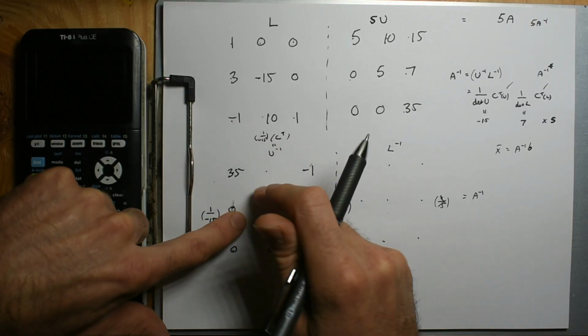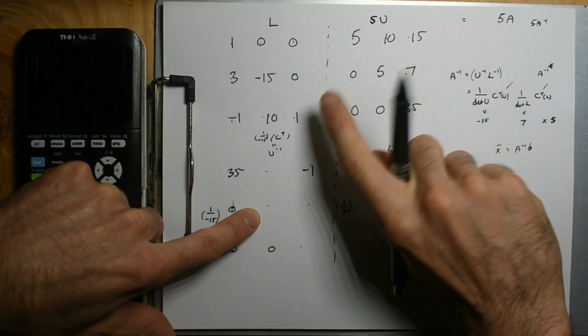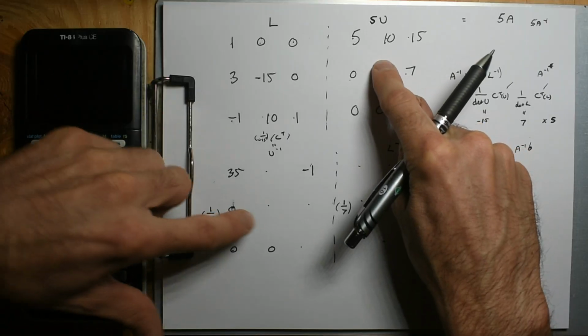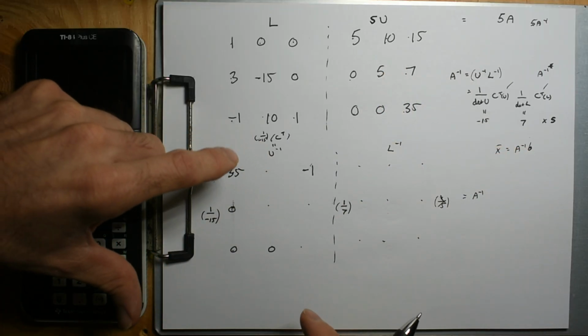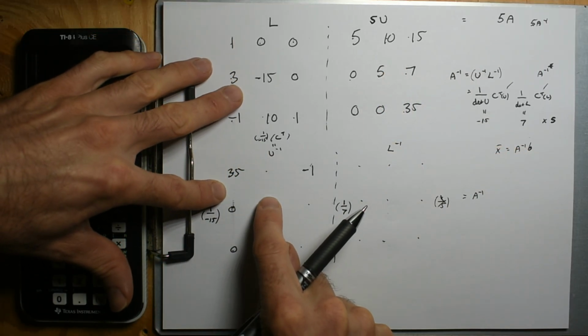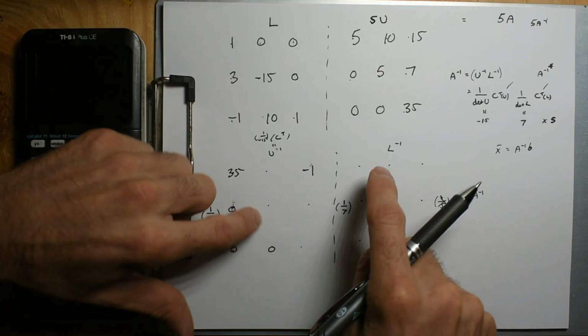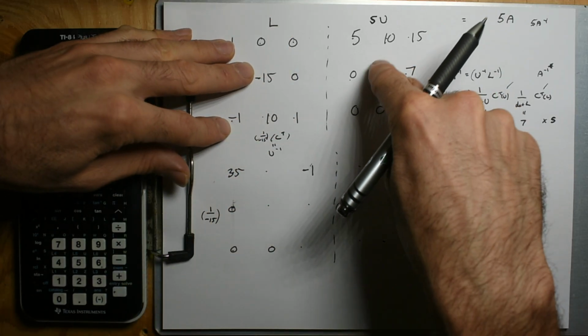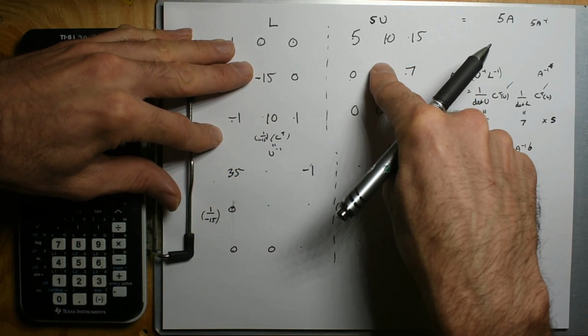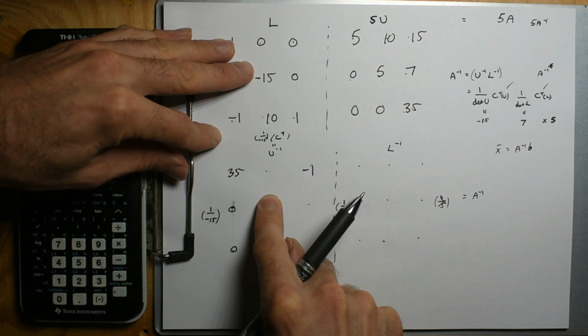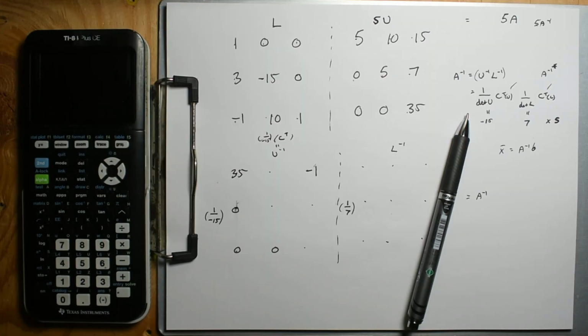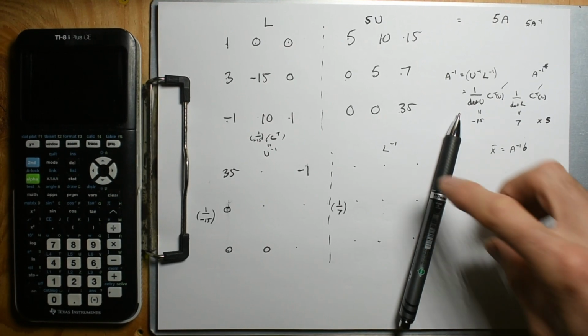So for these locations, the cofactor transposed does not switch. If I'm trying to find the cofactor of this location, when I transpose it, it's going to be right there. Oh man, the camera got a little dark, so we're going to brighten it up.